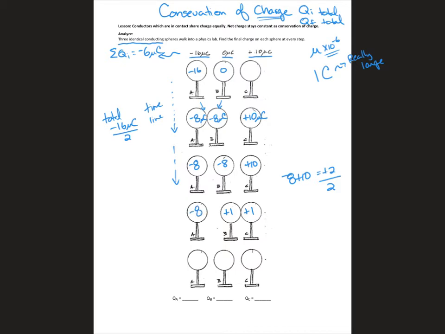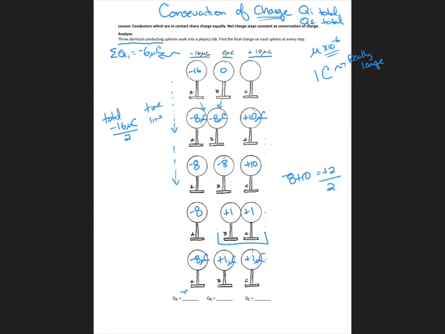It couldn't be any easier if you just remember that when two spheres conduct, they distribute the charge evenly if they are the same size sphere. Now B and C are separated from each other, but they're not grounded. Now let's put our unit back on, microcoulombs.